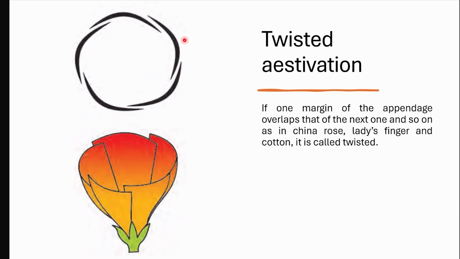So if one margin of the appendage overlaps that of the next one, and so on, as is seen in China rose, lady's finger and cotton, it is called twisted. You can see very nicely what twisted means: one margin will overlap with the next, and the next will overlap with this one, and so on.